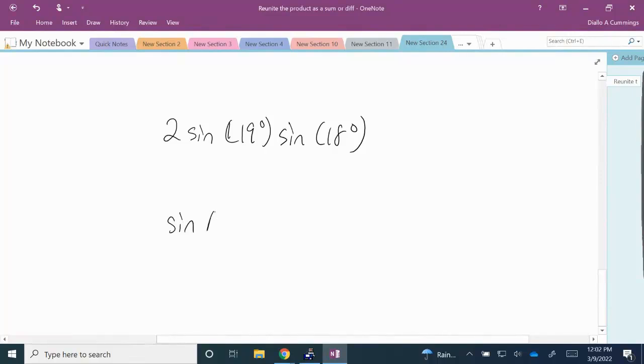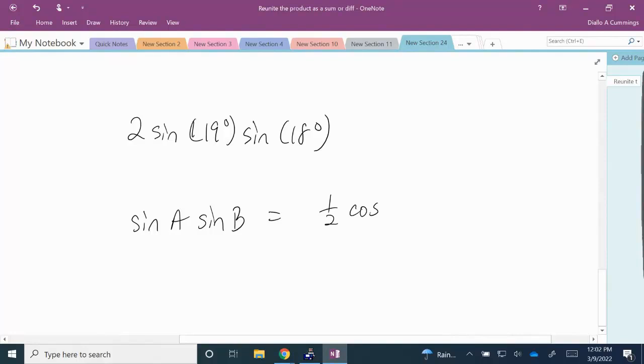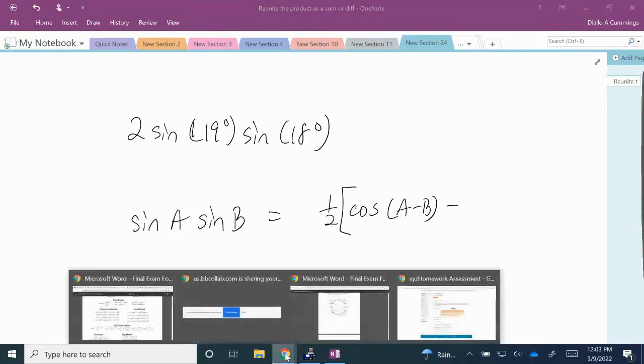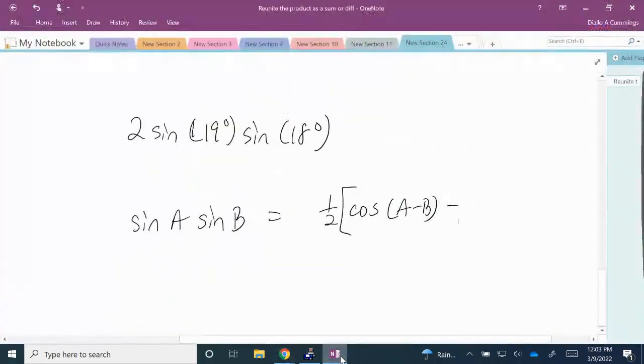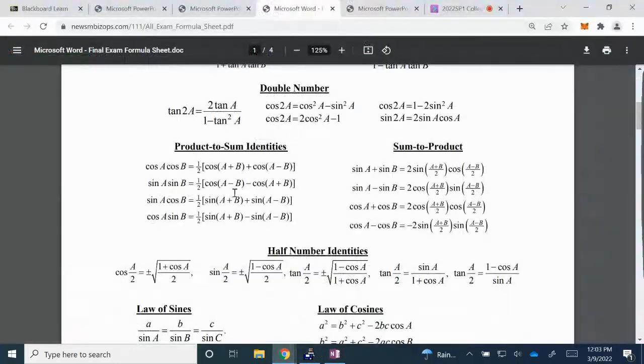So it's sine of A times the sine of B, that's equal to 1/2 times the cosine of A minus B minus, I'm just making sure that I have the right formula.